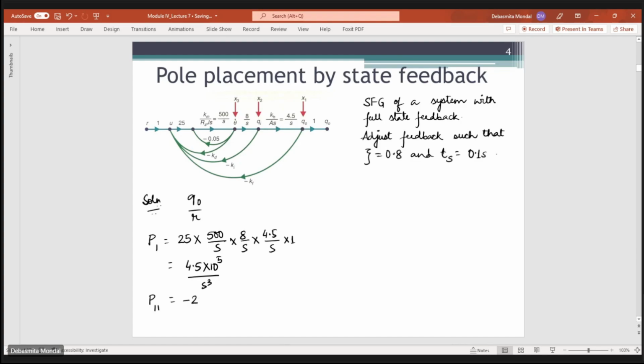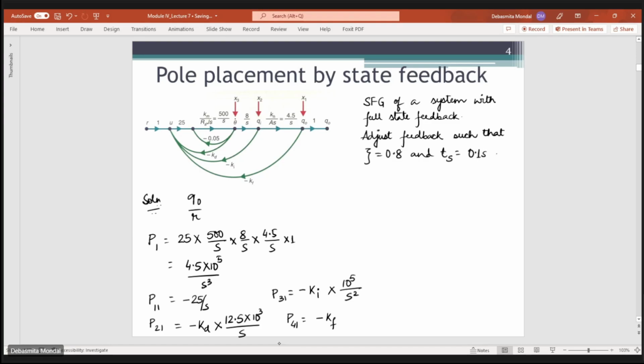So all the gains of those loops are: this is one gain, this is the second gain, P31 is equal to, right. So these are the individual gains.